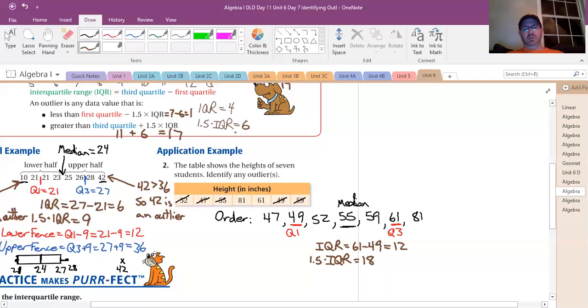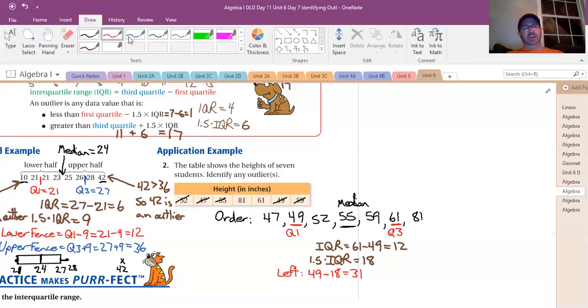Okay, so I'm looking at my left side here, and on the left side, we'll do that in red. We're going to do Q1, 49, minus that 18 we just found, and I get 31. Okay, well, nothing on this left side is below 31, so there are no outliers over here.